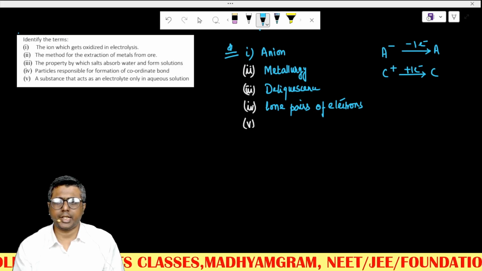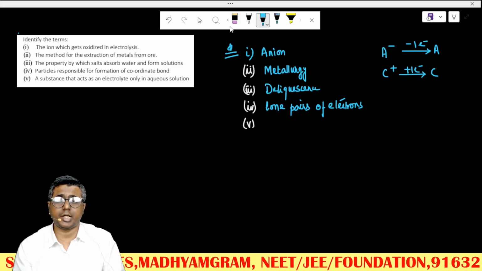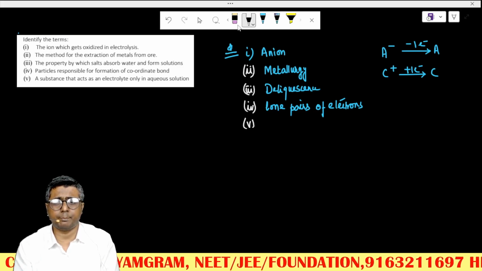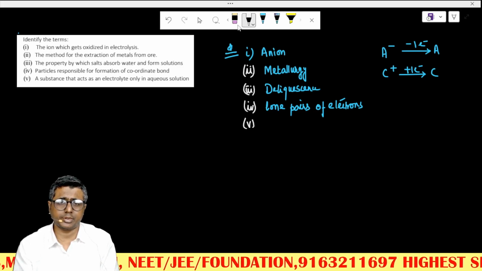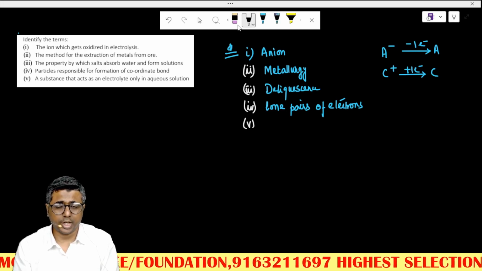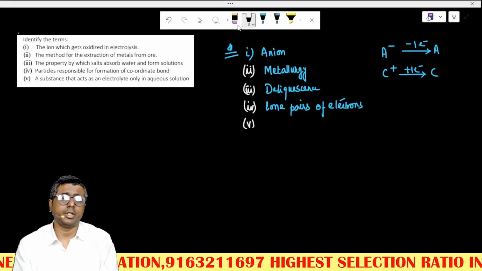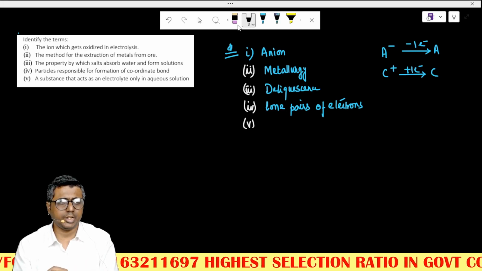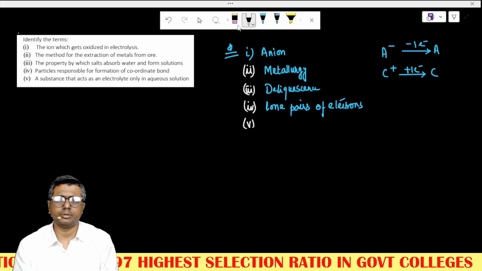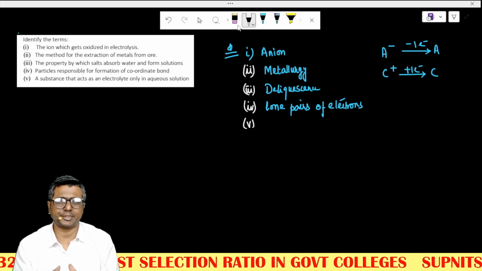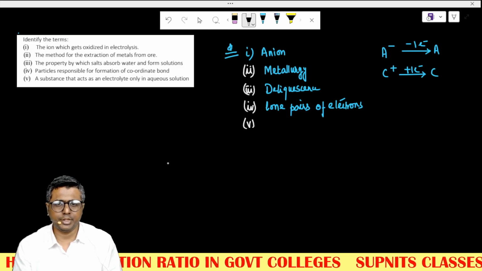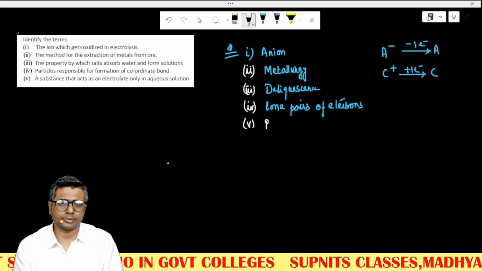A substance that acts as an electrolyte only in aqueous solution. We know that ionic compounds act as electrolytes in aqueous and molten states. However, polar covalent compounds act as electrolytes only in aqueous solution. The molten state does not come into action. So this will be polar covalent compounds.